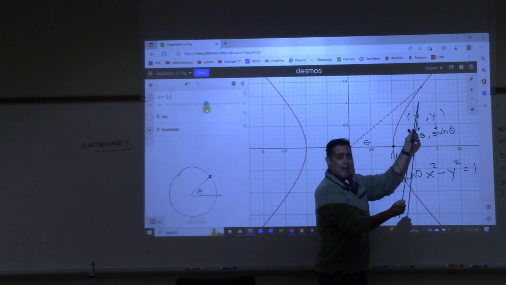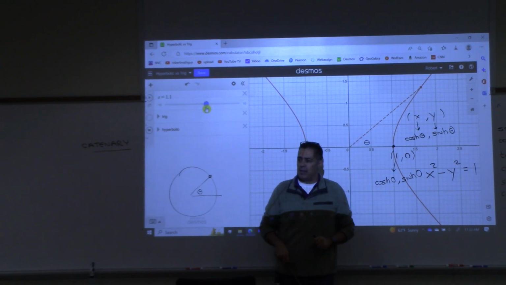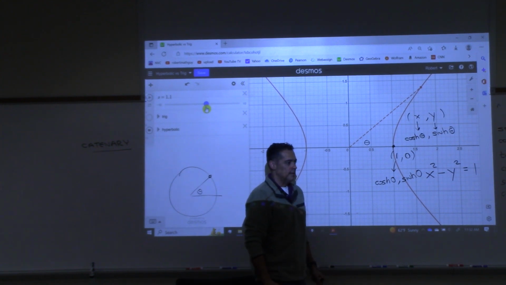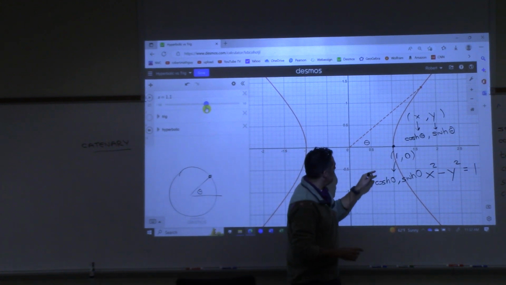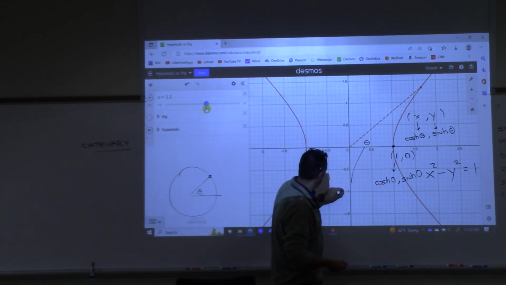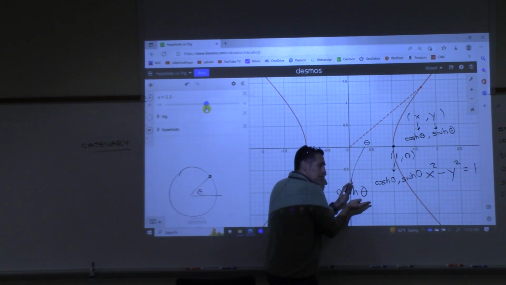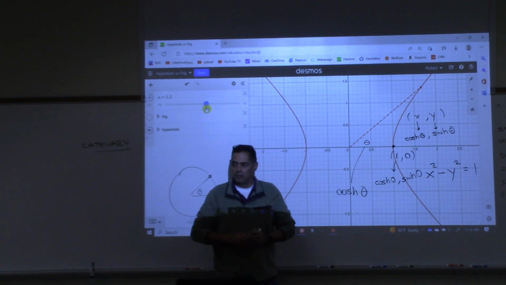And the y coordinate has gotten bigger. And as this angle gets bigger, both the x and the y coordinates get bigger and bigger and bigger, right? So as the argument, this is the thing we're going to plug into the hyperbolic cosine, as that angle gets bigger, the x and the y coordinates both get bigger.